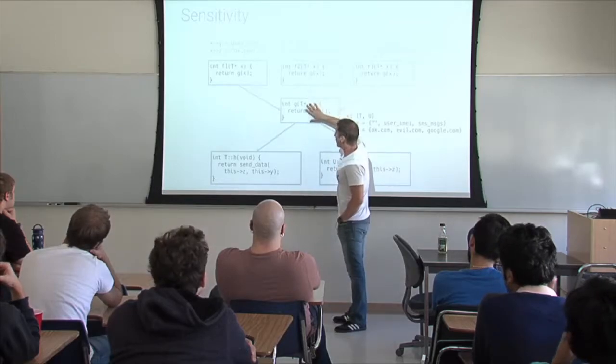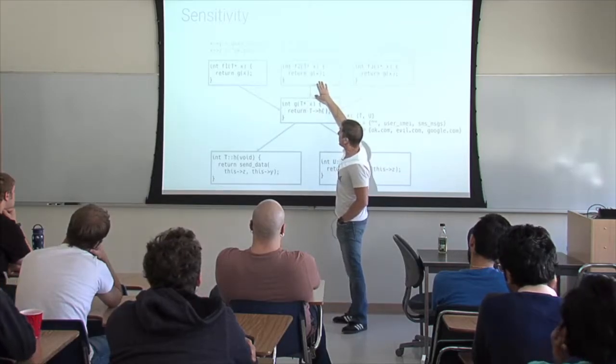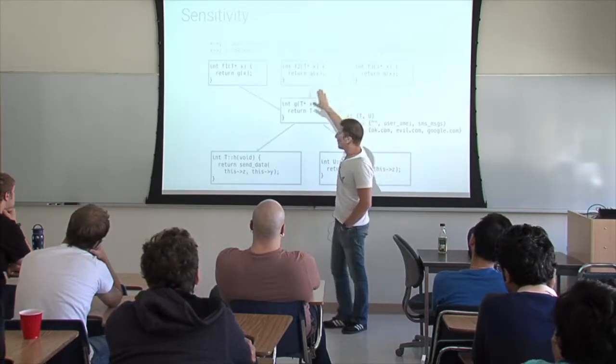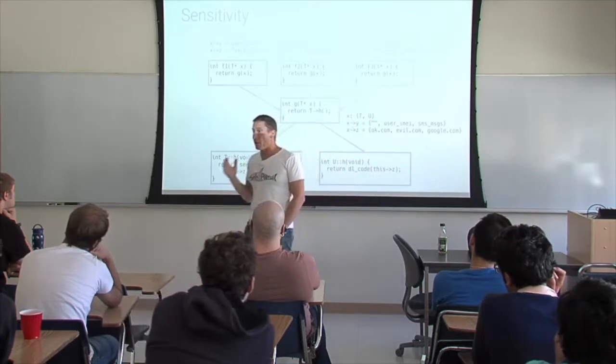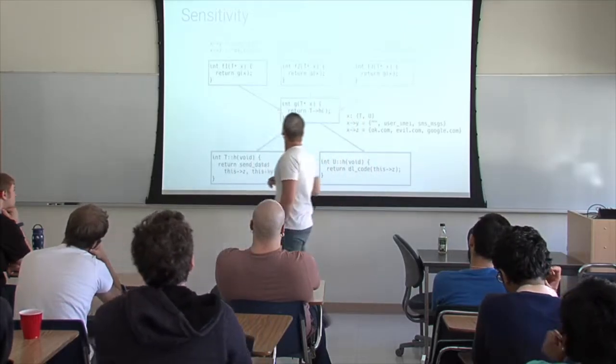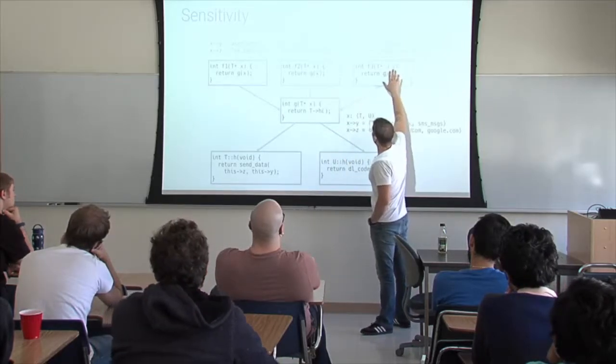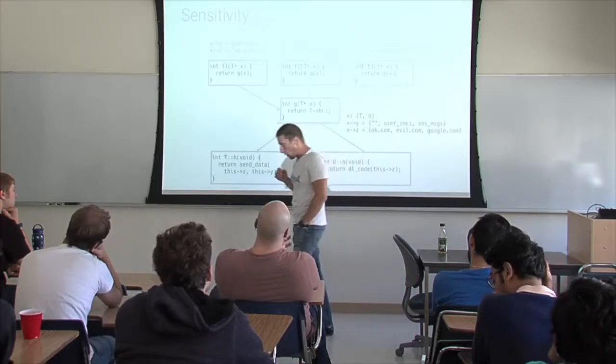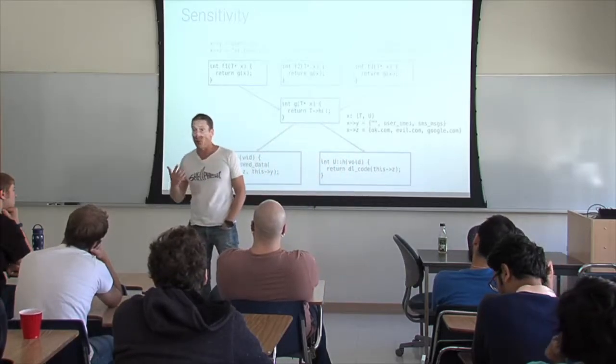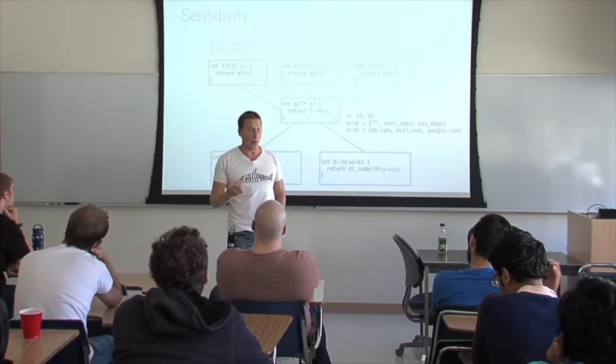If the call to this function comes from here, I know that Y is nothing, but the website could be something evil, like evil.com. If it comes from this site here, I know that Y will be SMS messages, but it would go to google.com, and that would be fine.